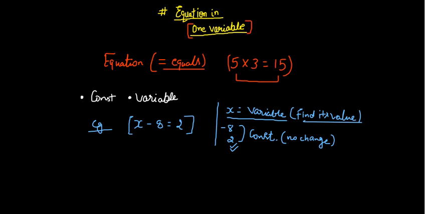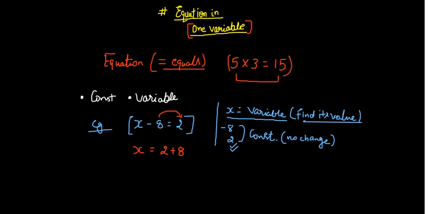Okay, so these are the basics. Now let's try to solve this question. x is equal to 2 plus 8. As we learned in our junior classes, when a negative sign goes across to the equals to side, it becomes positive.